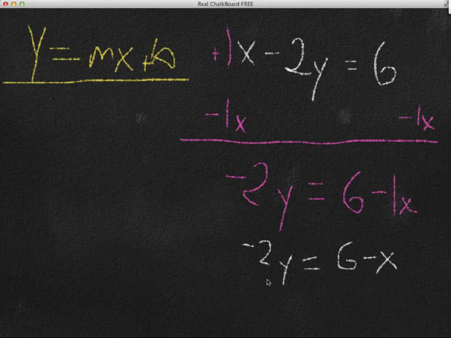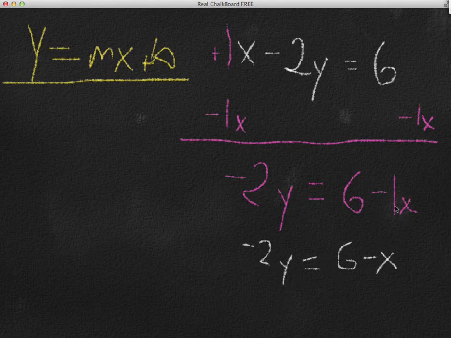So what I want to do now is get, because I have this together now as a multiplication problem, 2 times y, or 2y equals 6 minus x. So this is 6 still minus that imaginary 1 up here, 1 times x. So imagine 1 times x is multiplied here, same thing as multiplied here, 2 times y.